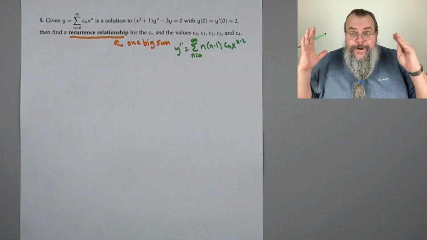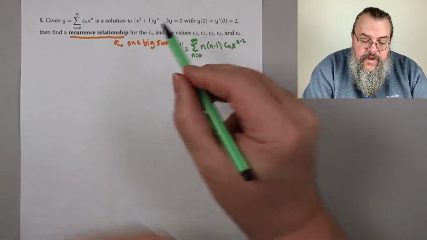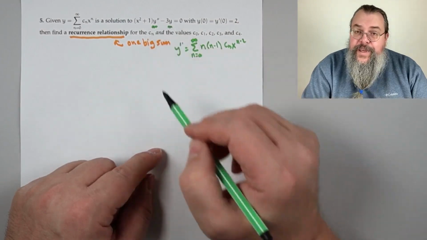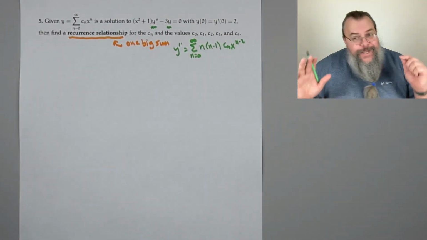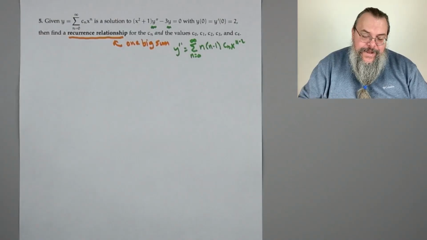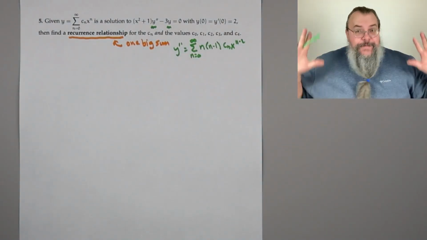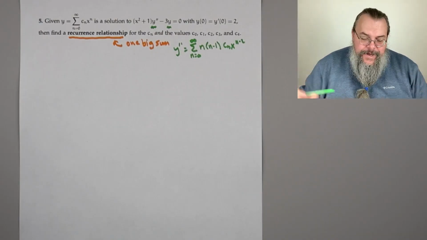So, first thing, we're going to replace our non-polynomial things, y double prime and y in this case, by this series, which is basically a big polynomial. So everything's coming up polynomial. That's an underlying theme. When we talk about series, everything's a polynomial. And just like, okay, make it work, make it work.